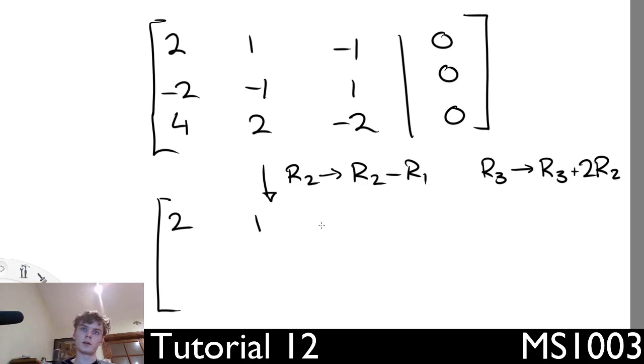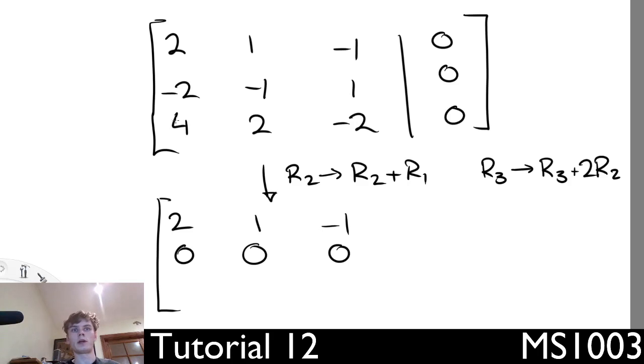2, 1, minus 1. Now I have, this should be a plus. Minus 2 plus 2 gives me the 0 here. Minus 1 plus 1 gives me the 0 here. And 1 plus minus 1 gives me another 0 here. Row 2 is 0 for free.